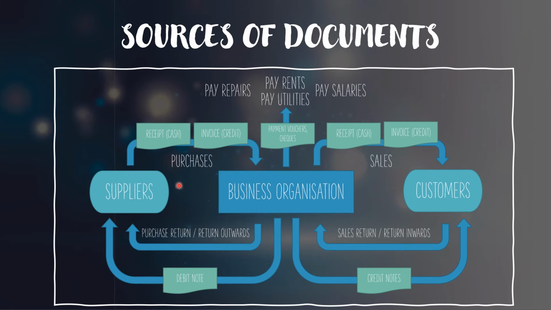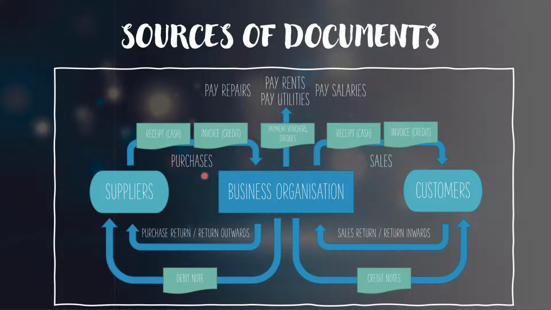When you want to purchase inventory from your supplier, you have two choices of payment. Either you pay using cash, or you borrow first, meaning that you take your inventory first and a month later you pay your supplier back. We call that purchase on credit. Pembelian secara kredit. Kita boleh buat pembelian secara tunai, kita boleh buat pembelian secara kredit.